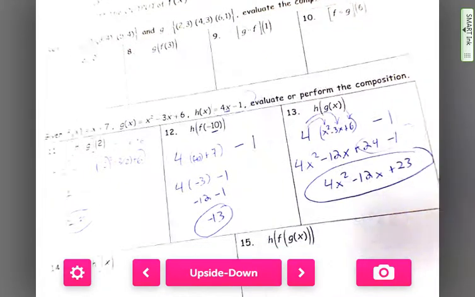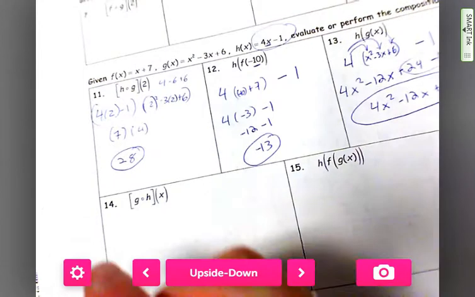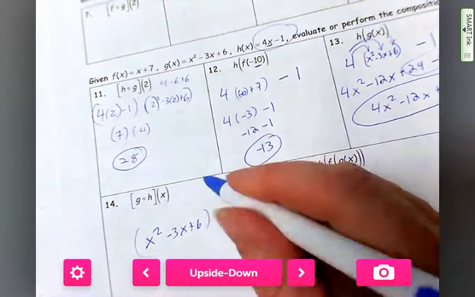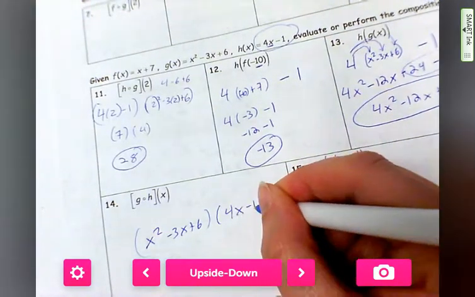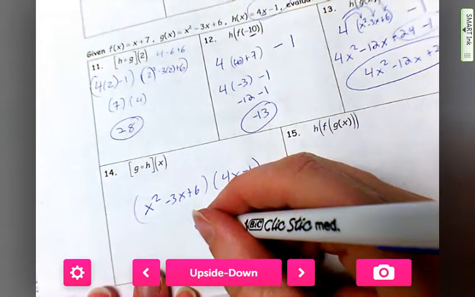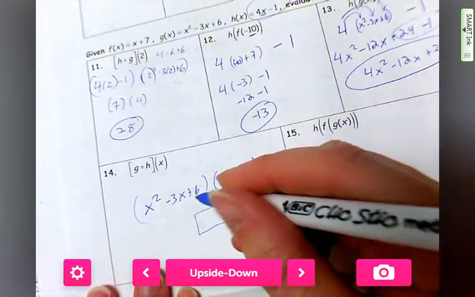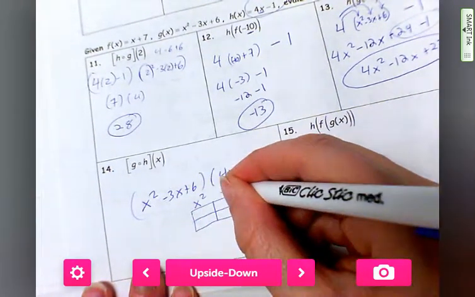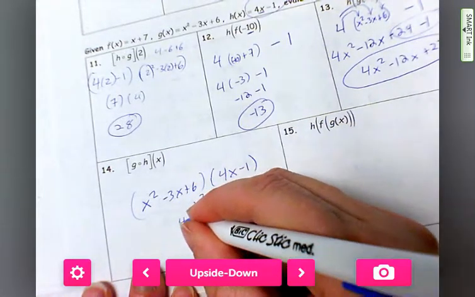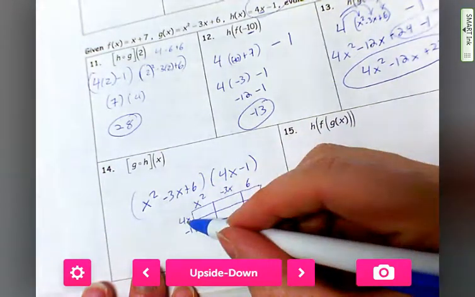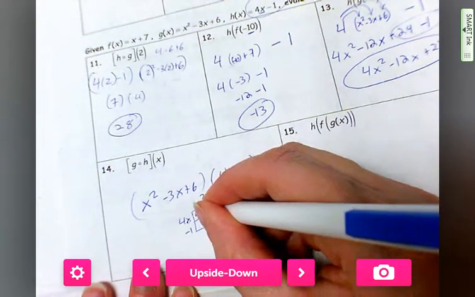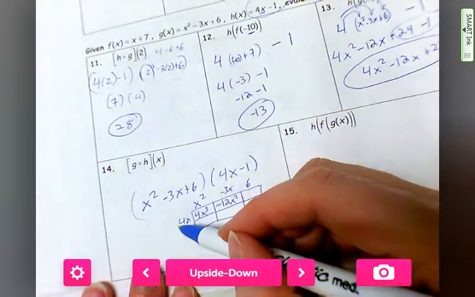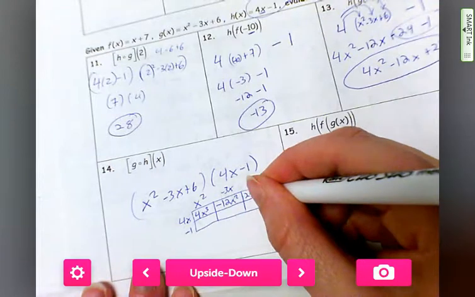Okay? G times h of x, so that's just the multiplication. X squared minus 3x plus 6 times 4x minus 1. So again, I like to build a box out of this. Where I've got x squared, minus 3x and 6 on top, 4x minus 1 on the side. 4x times x squared is 4x to the third. 4x times negative 3x is negative 12x squared. 4x times 6 is 24x.